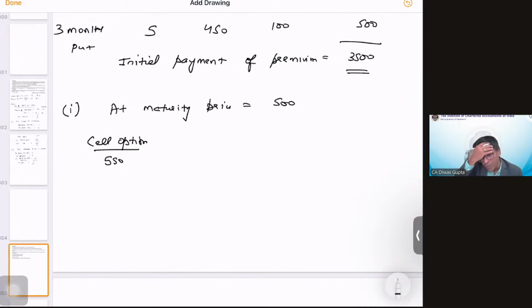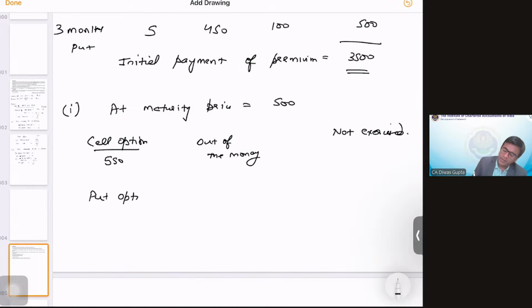The option strike price is 550, and the maturity spot price is only 500. It is lower. So if it is lower, the call option is out of the money, right? If it is out of the money, it will not be exercised.